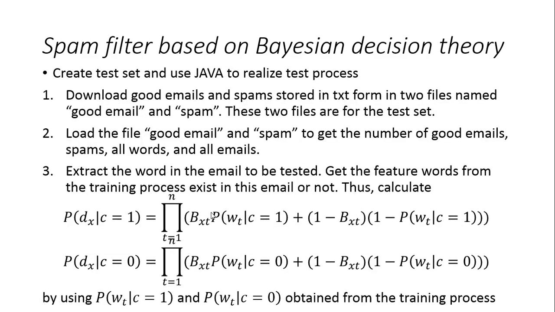And let's see how to create a test set and use Java to realize the test process. Download the good emails and spams stored in txt form in two files named good email and spam. These two files are for the test set.